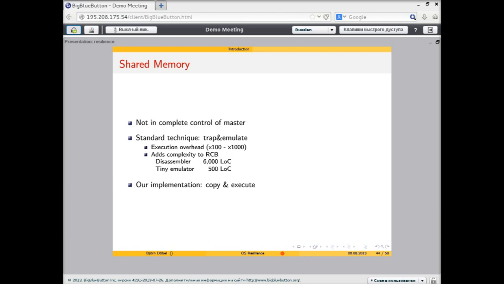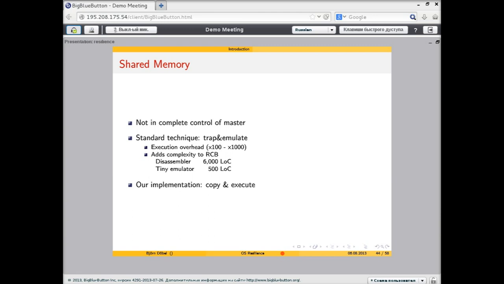In a page fault handler, this page fault will then be delivered to the master process, and the master can then have a look at the current application state. It can figure out what kind of instruction is now being executed, and then emulate this instruction by manually performing this memory operation in the master.